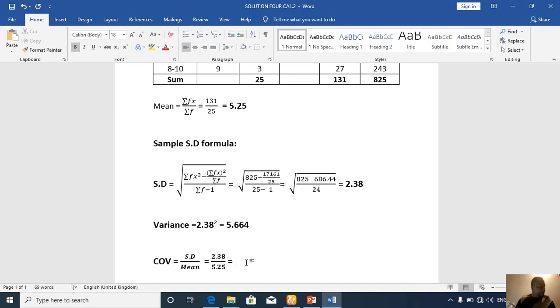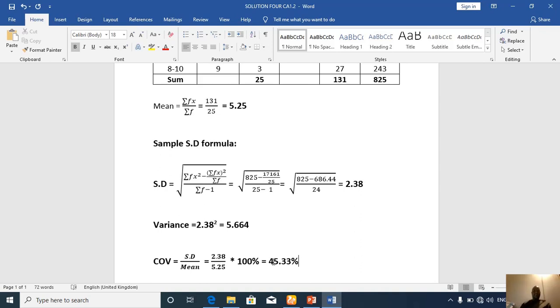That will give you 0.45 times 100%. This is going to be equal to about 45.33%. That's the coefficient of variation.